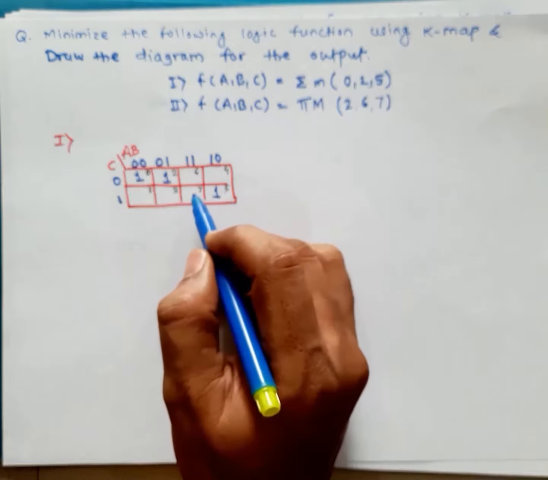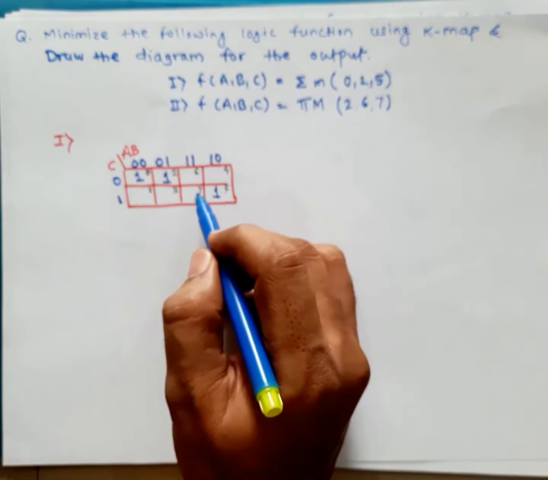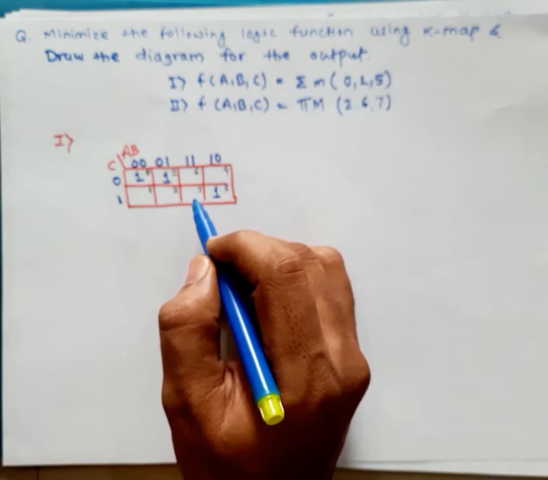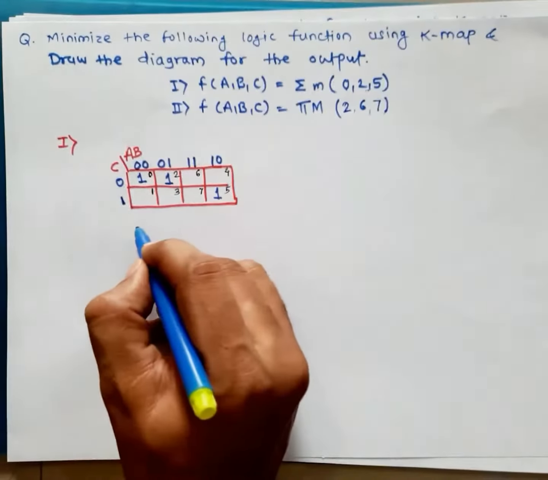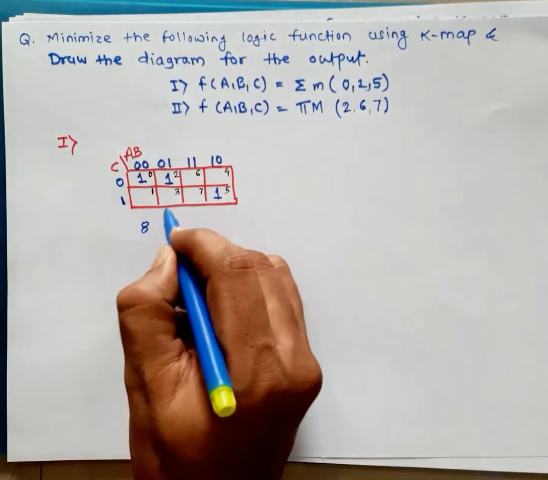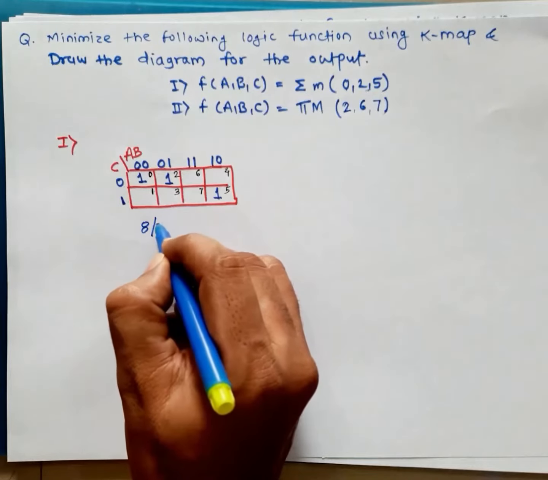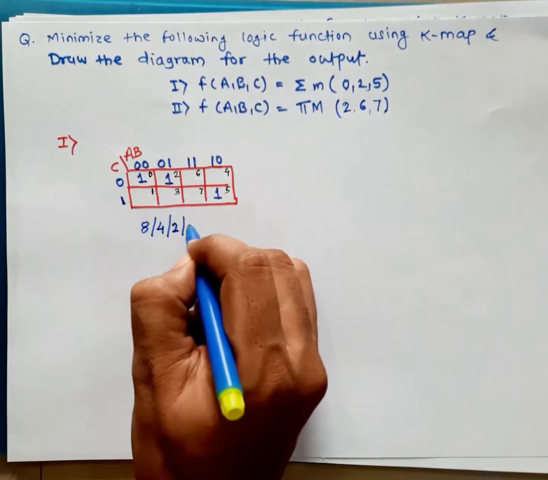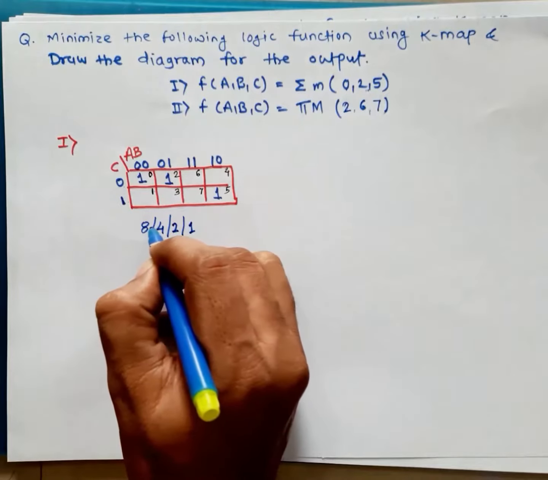So while making a group, we need to consider whether any adjacent cells have the same high value, so we can club them together for making a larger group. Because the total number of cells is 8, we can make a group of maximum 8 cells.